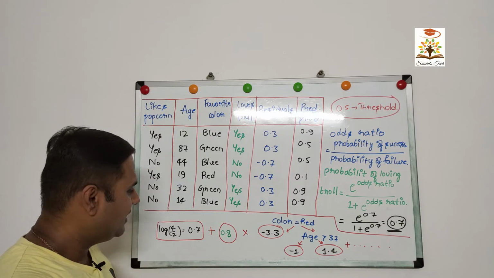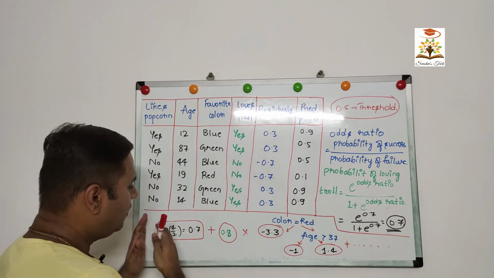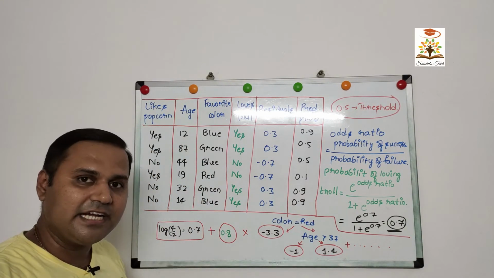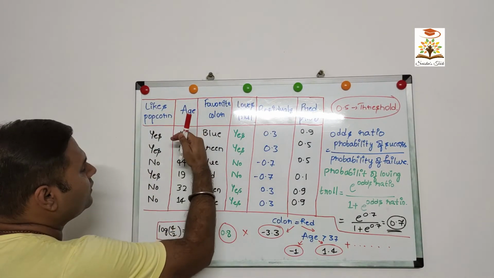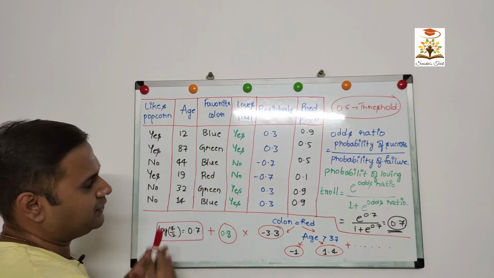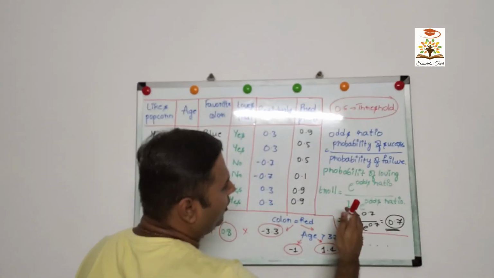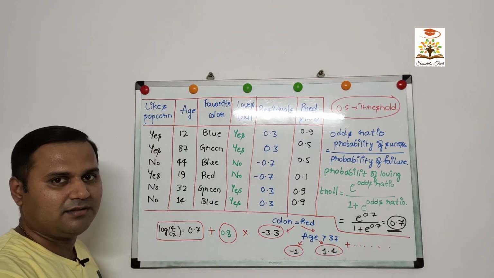With that, we can multiply all the values, that is these trees, and create odds ratio for each observation of our data set. Once we get the odds ratio, we can calculate the probability using the probability of loving trolls formula.